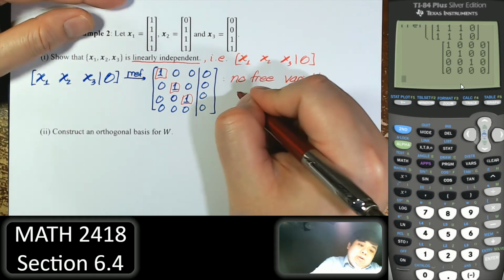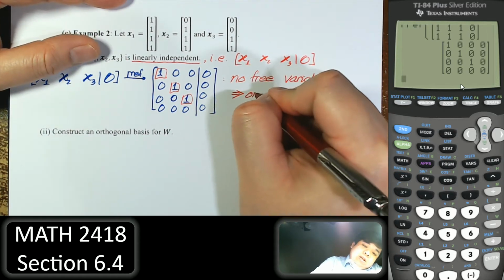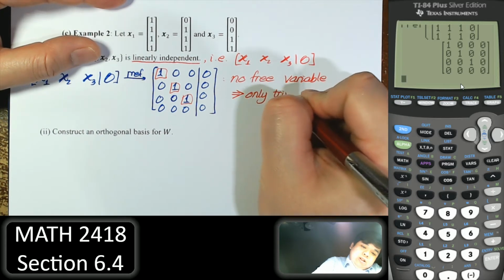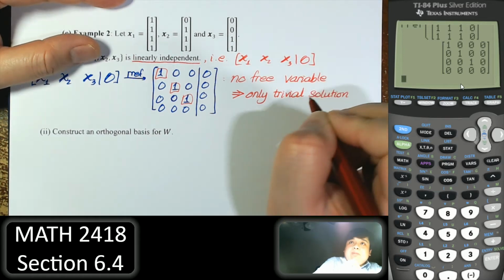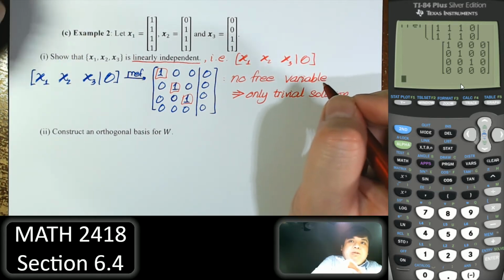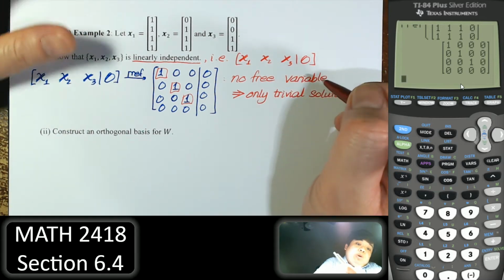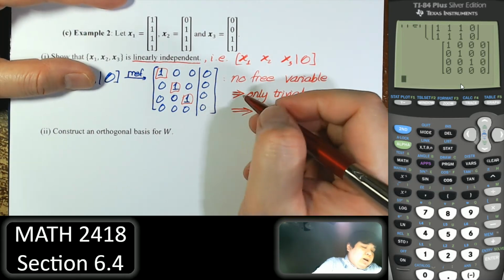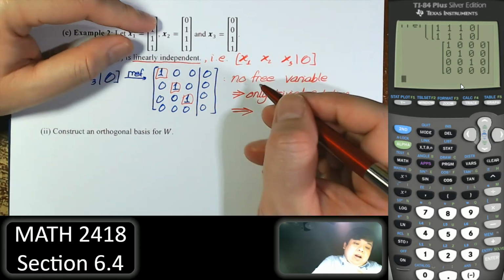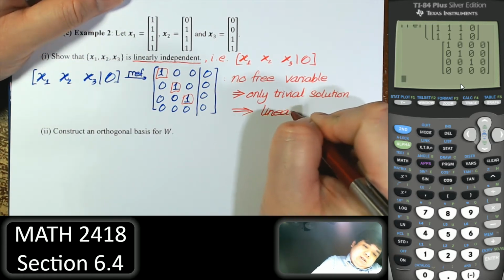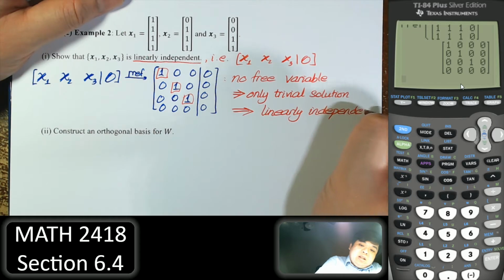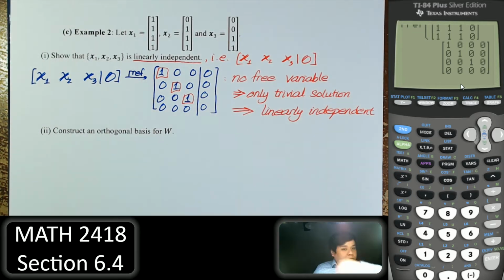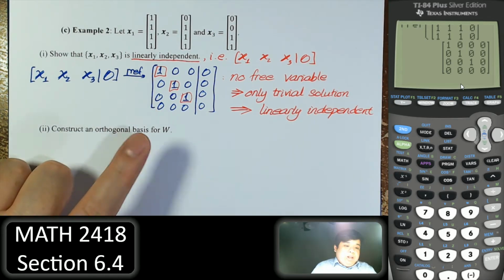If there's no free variable, that means it's only the trivial solution, so we cannot have infinitely many solutions. Because of that, the set of vectors is linearly independent, meaning the basis has 3 vectors. We're going to find 3 vectors that are orthogonal to each other to be the basis for W.